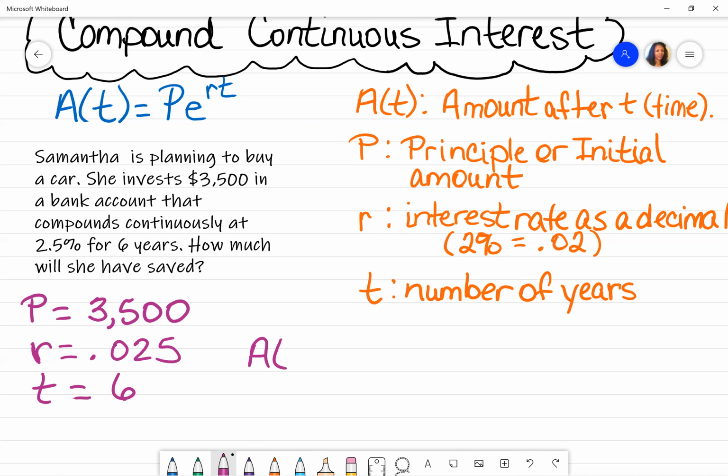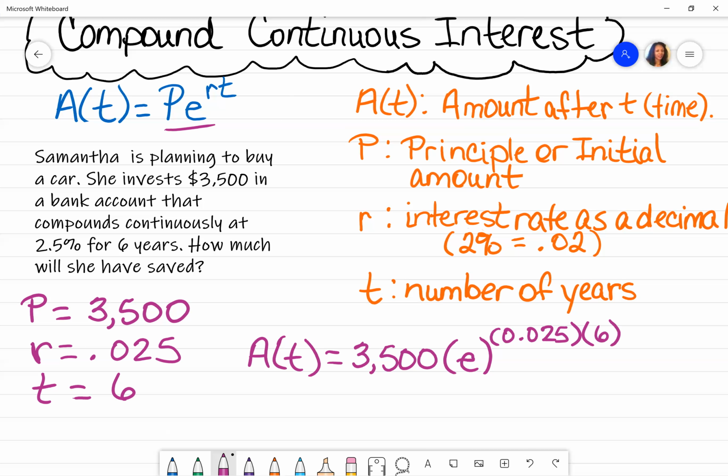So A of t would equal, and then I'm substituting in for P, PERT. P is 3,500 times E, and your calculator will again give you a number, which is approximately 2.718, raised to the 0. Well, you don't have to put the 0 unless you want to, 0.025 times 6.